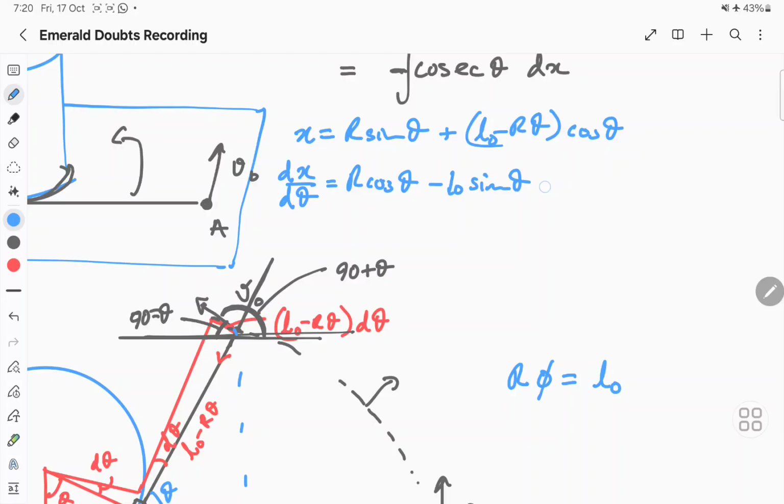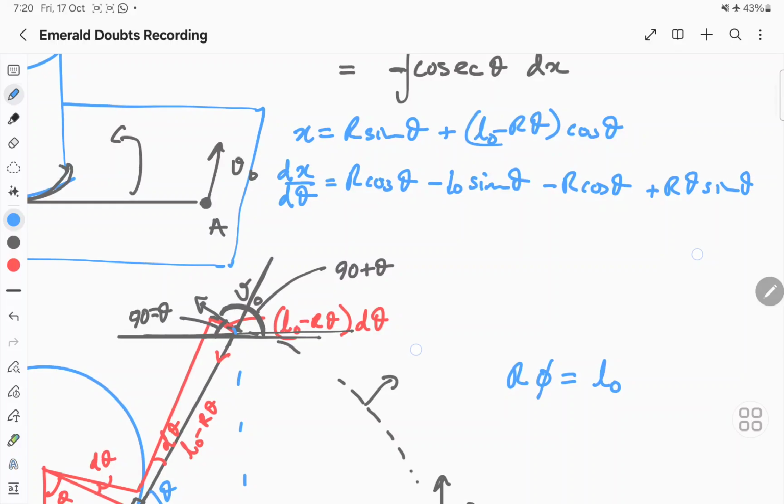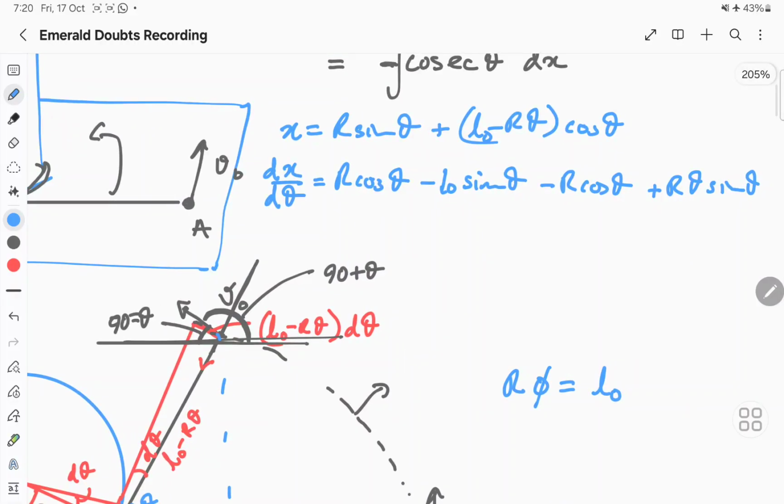So it is a minus r cos theta when theta is differentiated, and it's a plus r theta sine theta when cos theta is differentiated. So yeah, good for us, few things are cancelling. So r cos theta and r cos theta get cancelled.